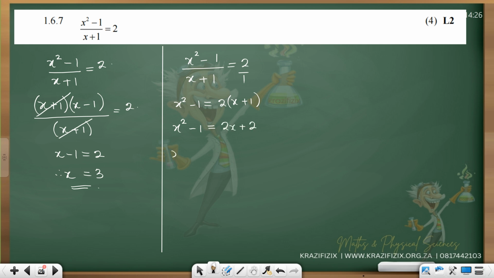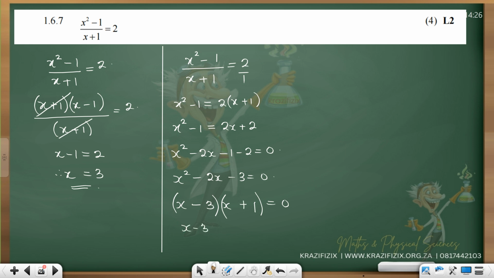Then this learner obeys the rule of maths, moving everything over. This learner then simplifies, sees that it's a trinomial. This learner then opens two brackets, and realizes factors of 3 would be what? 3 and 1, but I want a negative 2, 1 minus 3.